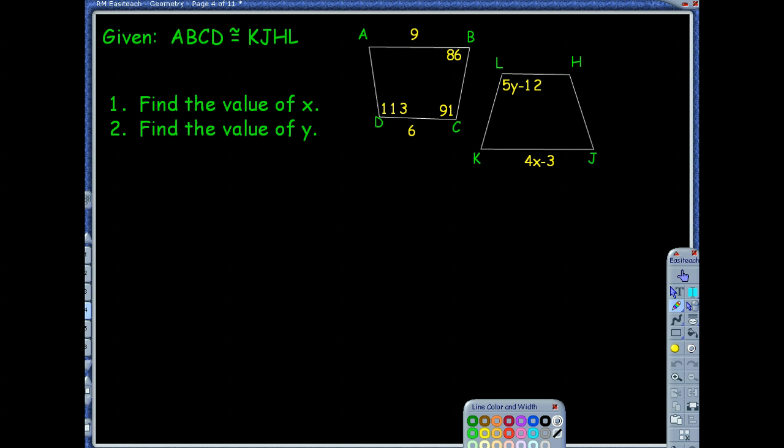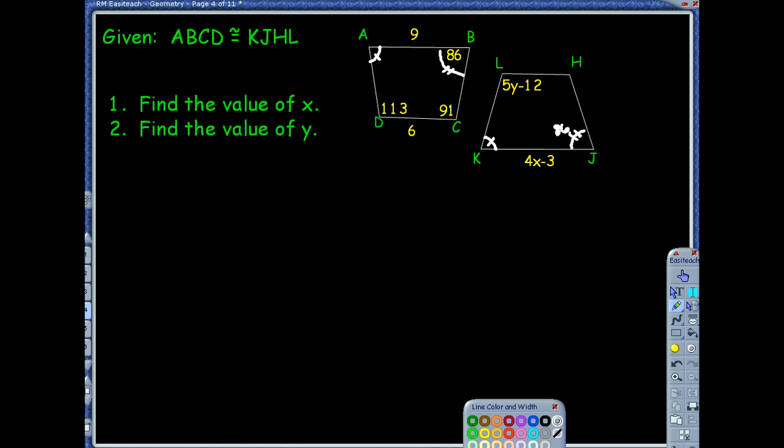Angle A and angle K are going to be congruent, and then angle B is going to be congruent to angle J. Right away, A and K, there wasn't anything labeled about it, so that's probably not going to help us. But B and J: angle B is 86, so I could technically go ahead and label J as 86. Who knows? I might need it.